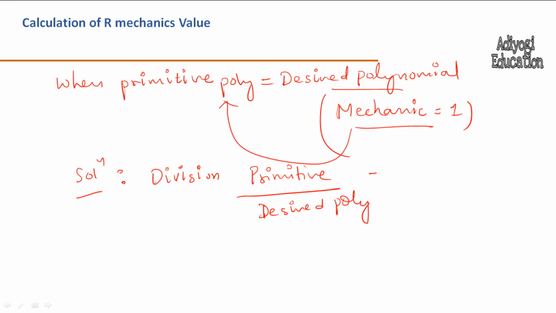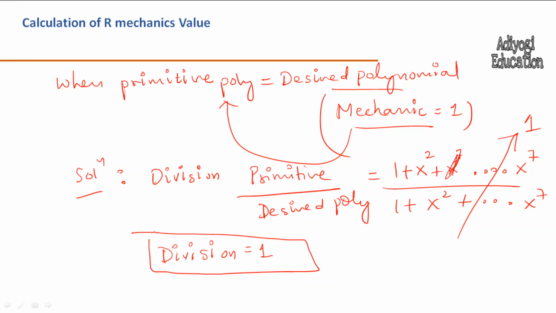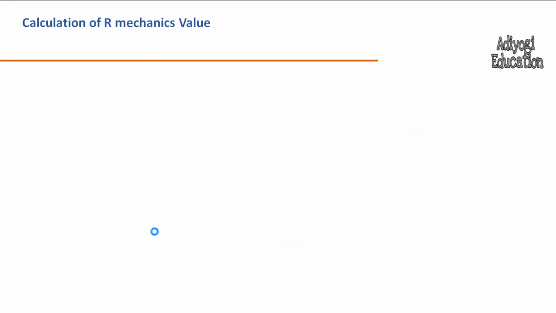We have 1 plus x power 2 till x power 7 divided by 1 plus x power 2 till x power 7, which is nothing but 1. So it means our division value equals 1. I hope this is clear.